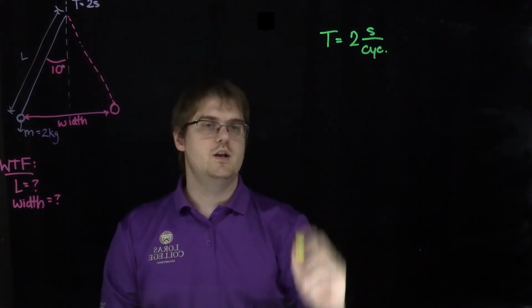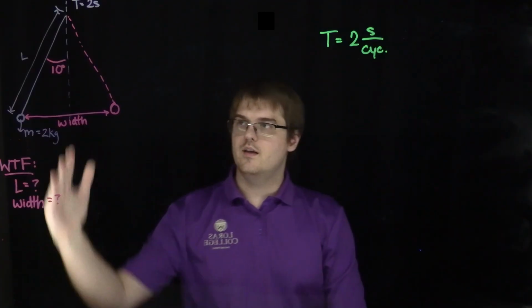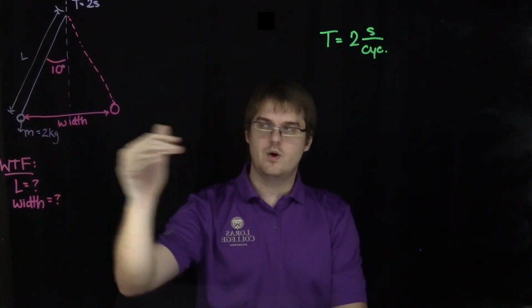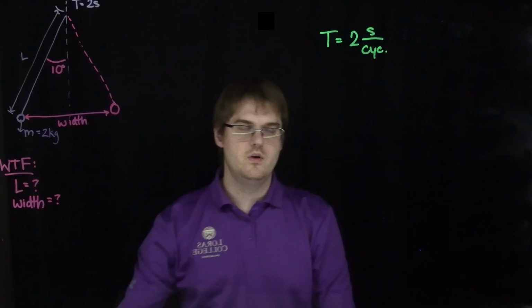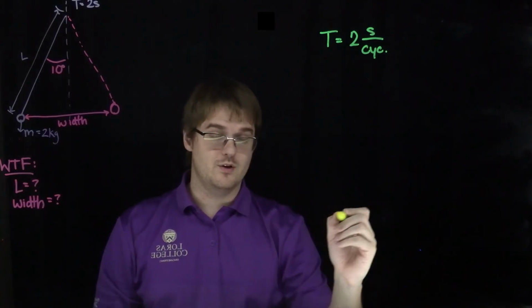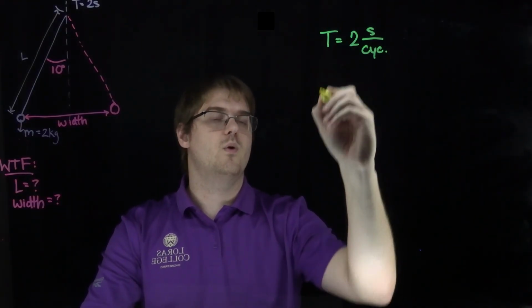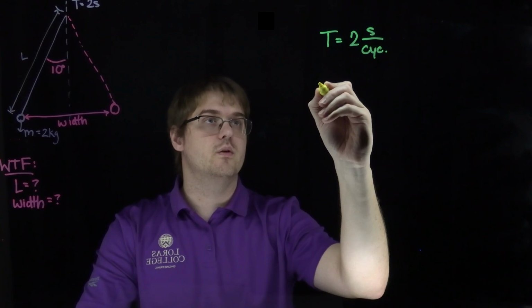So we need to change this into an omega. In this case, our omega is a rotational rate, or a rate that we're moving through this entire piece. It's not a full rotational rate. We're actually going to be finding rotational rate as we go here. But it is going to help us define our overall system.